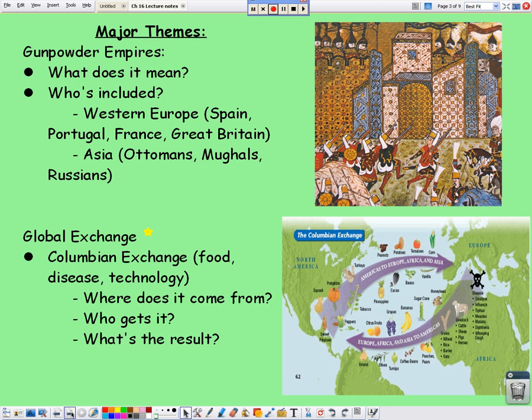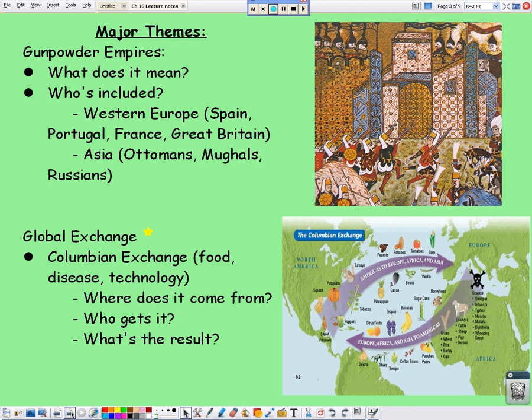Now, if there's one thing we know about technology is that over time, it does what? It changes, and what else? Yes, right. Typically, it changes for the better, although better in this case might mean more deadly. But does it stay in the same place where it was invented? What does it do? It spreads.